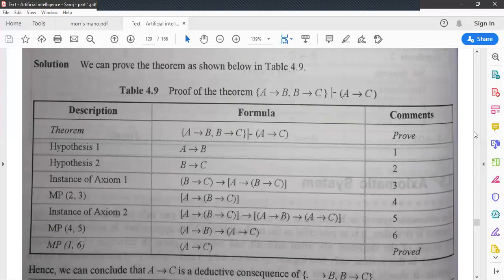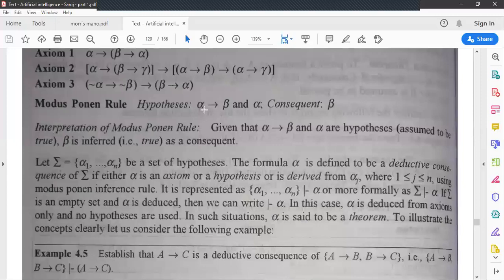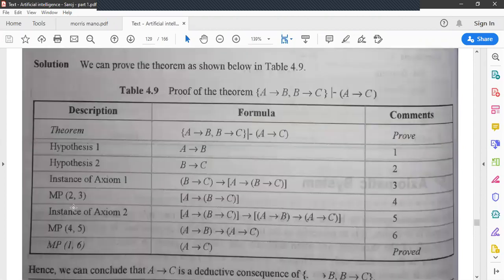So what modus ponens rule says, when you have alpha implies beta as one formula, and you have just the alpha as one formula, then the output you can write is only the beta, you just omit alpha. So when you apply modus ponens on line number 2 and 3, then you get only the beta part, the consequent part, which is A implies B implies C. This is line number 4.